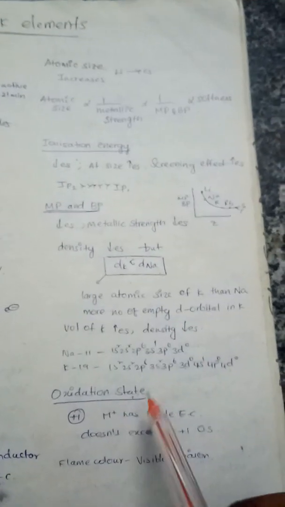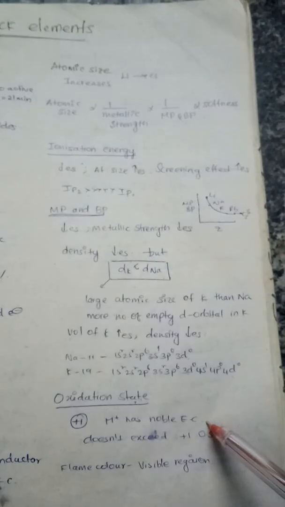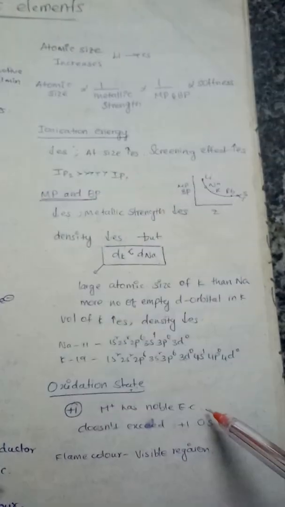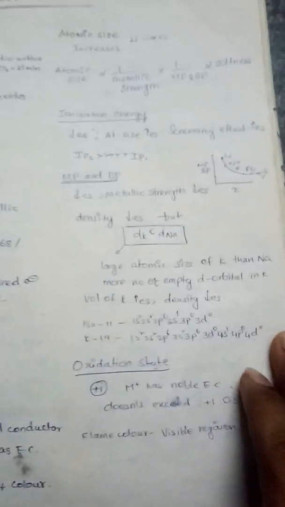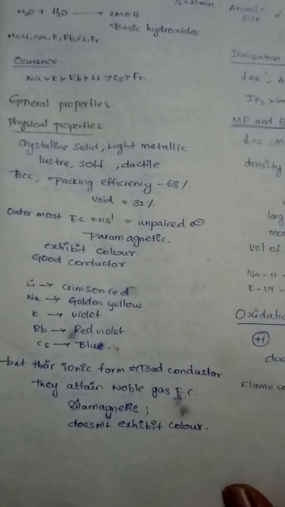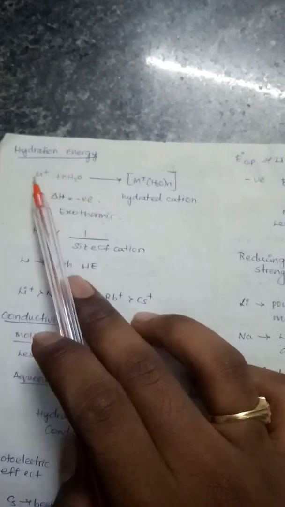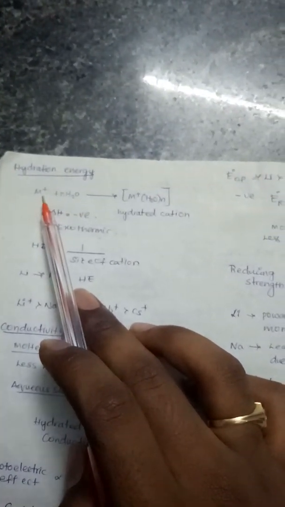Oxidation state. +1 is the most stable oxidation state for 1A group elements. We have completed the flame test: lithium crimson red, sodium golden yellow, and so on. Now hydration energy. When M plus, that is Na plus or K plus or Rb plus or Cs plus or Li plus, is treated with n moles of water, it forms the hydrated cation.